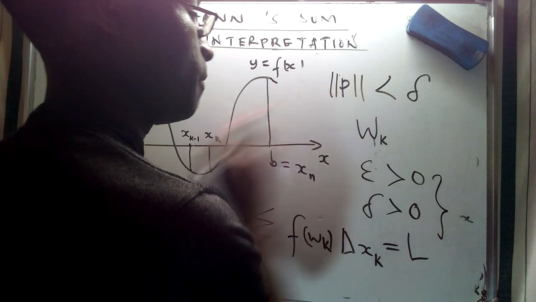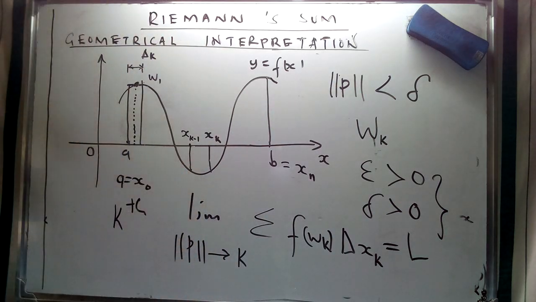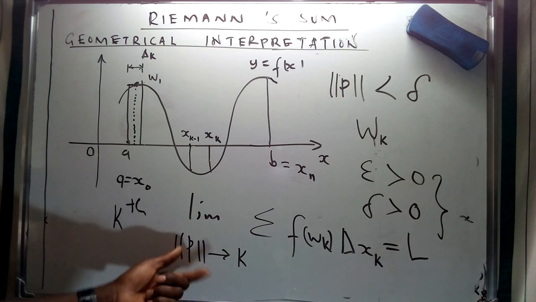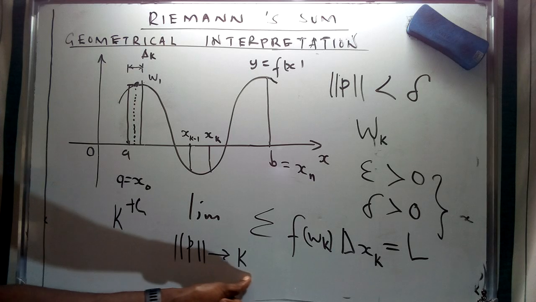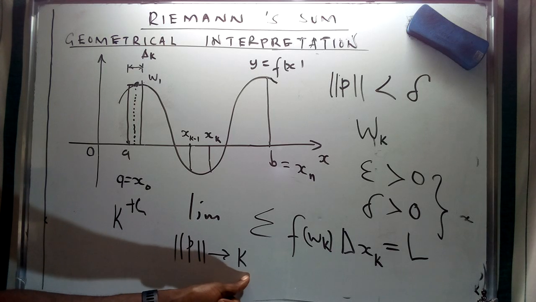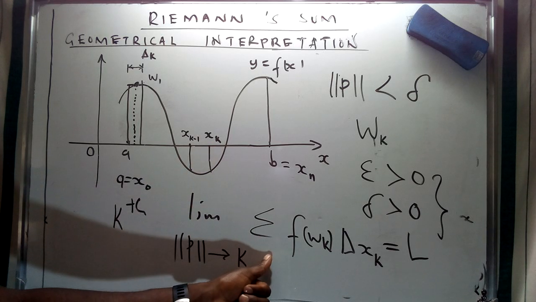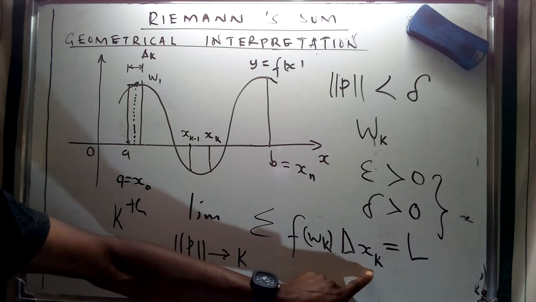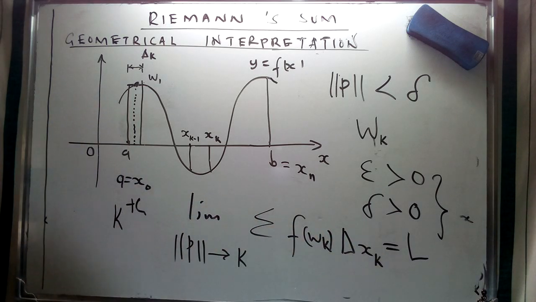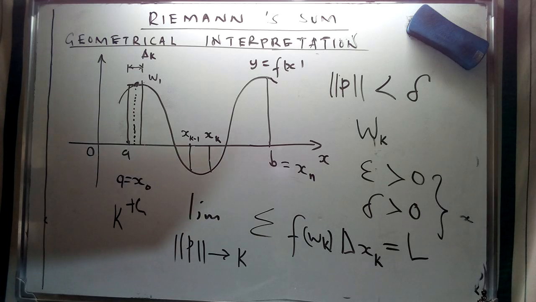We have said that for n values, there is going to be this specific equation for the limit as the norm of P tends to zero, where the summation of f(wk) delta xk is referred to as the limit of that function.